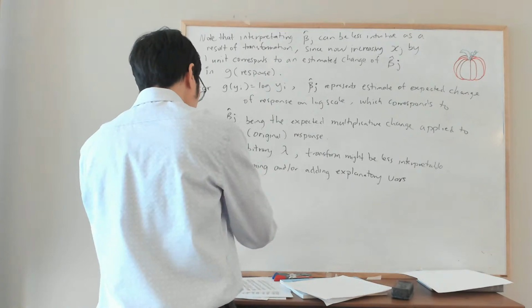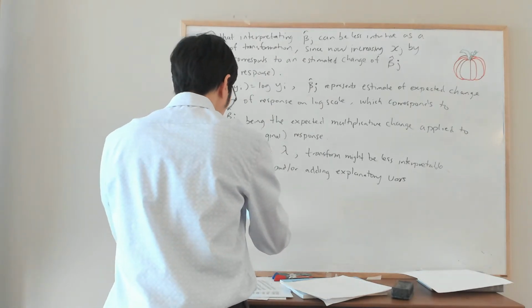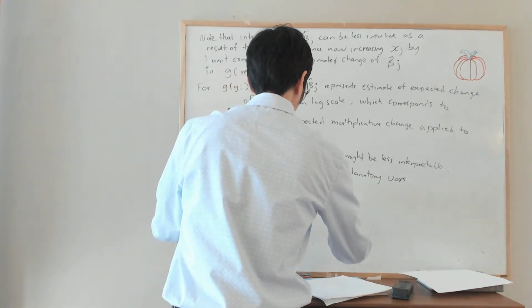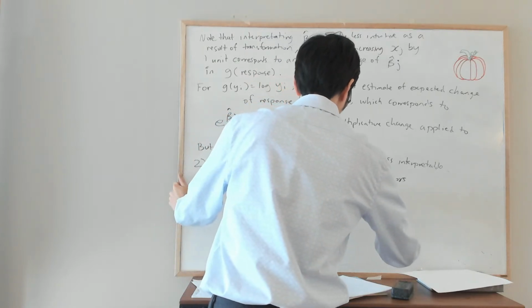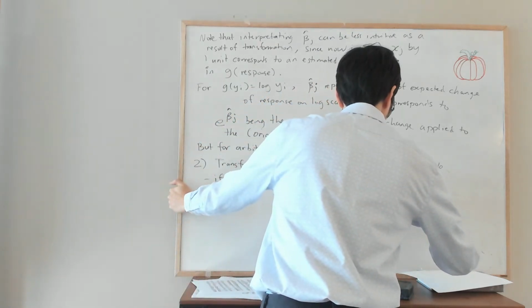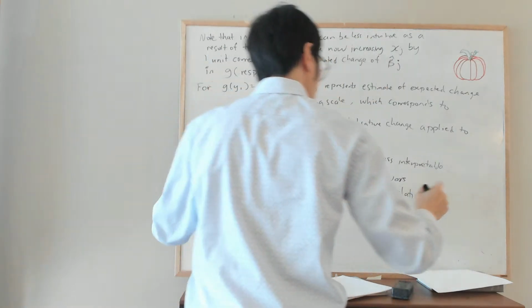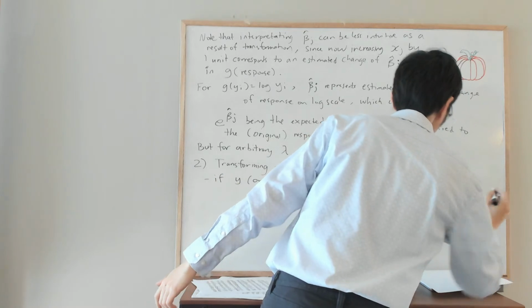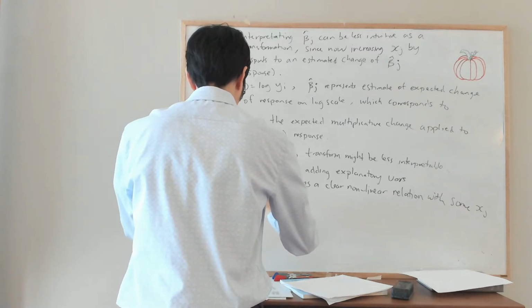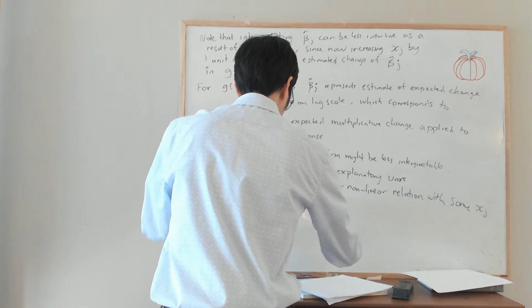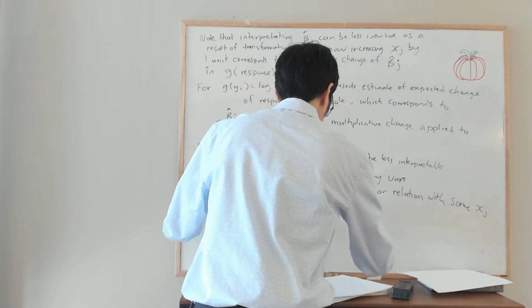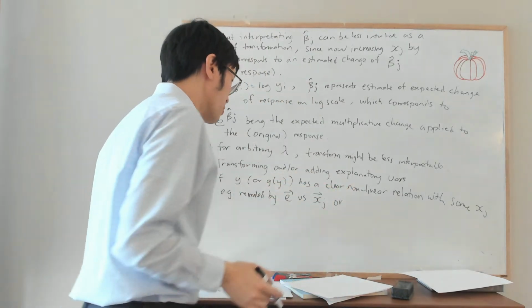So if y, or g of the response, has a clear nonlinear relation with some predictor xj, for example revealed by the plot of residual versus predictor, or there are other ways to see this too.